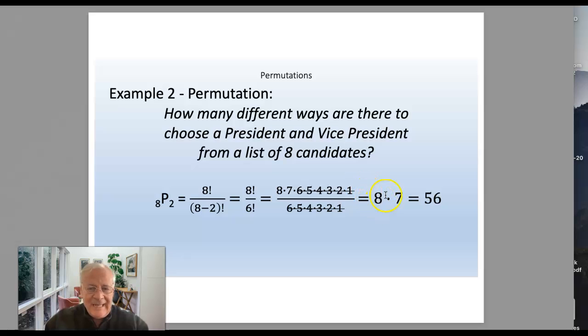So we just end up with 8 times 7, or 56. There's 56 ways to choose a president and a vice president from a list of 8 candidates. And again, start with the 8 and list the first 2 in the sequence, 8 times 7. So that's one way to think of a permutation.